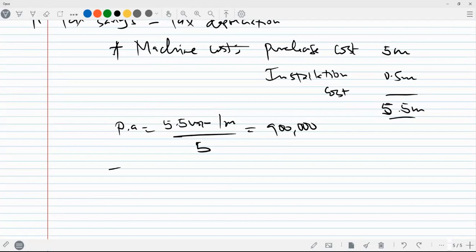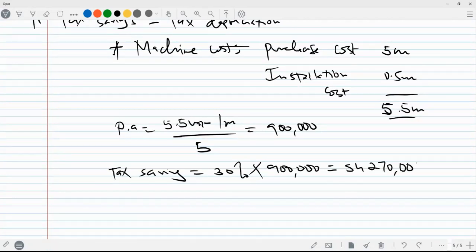Therefore, the implied tax saving per year will be 30% tax rate times the tax depreciation of 900,000, which gives 270,000. So every year the company will be saving 270,000 as a result of the tax depreciation. It is granted to it by the tax authority.